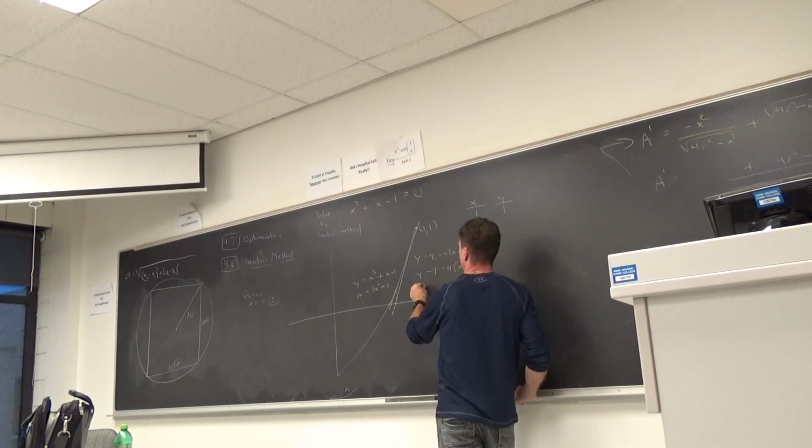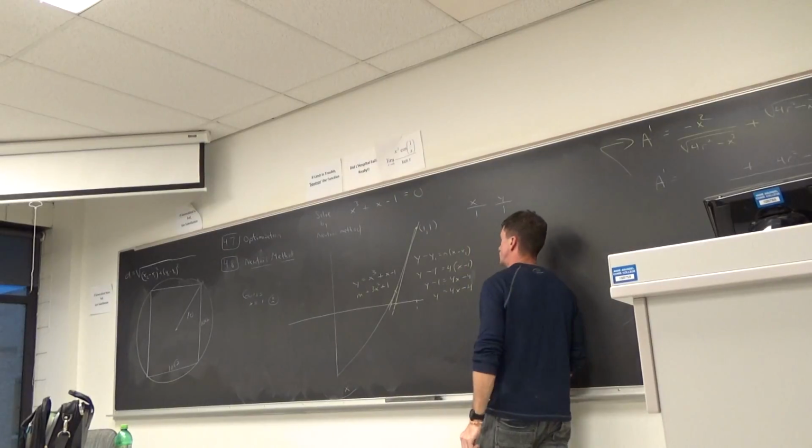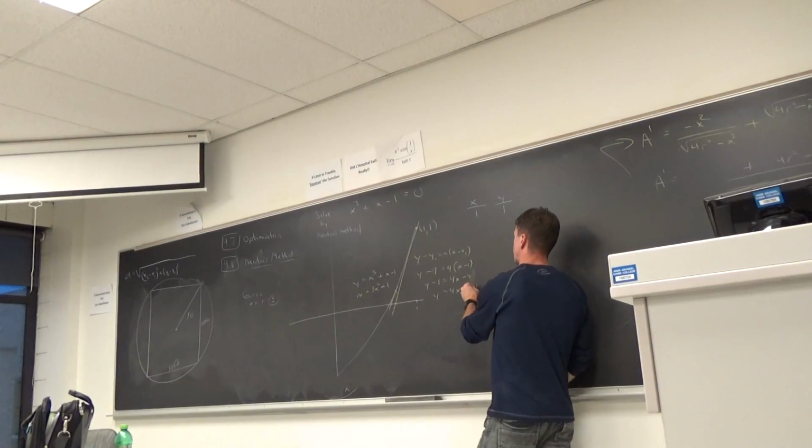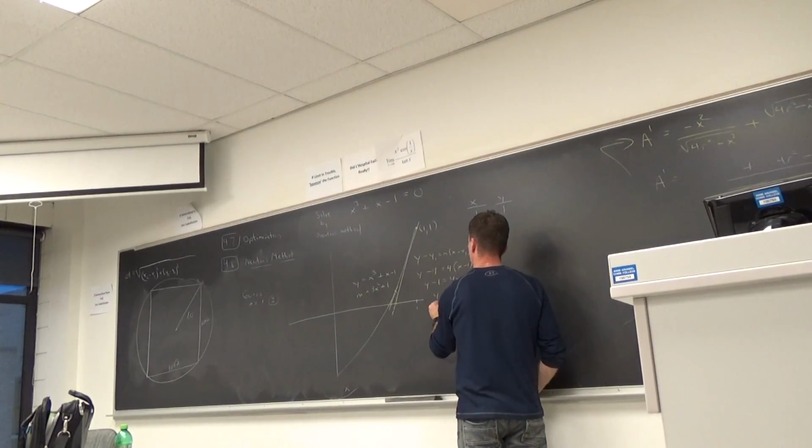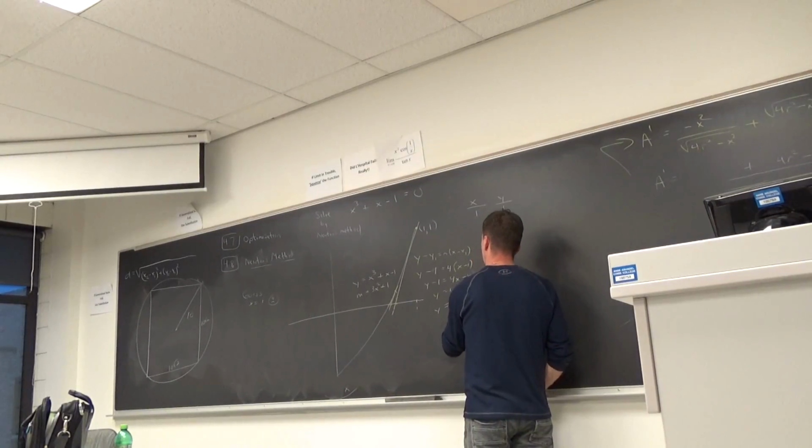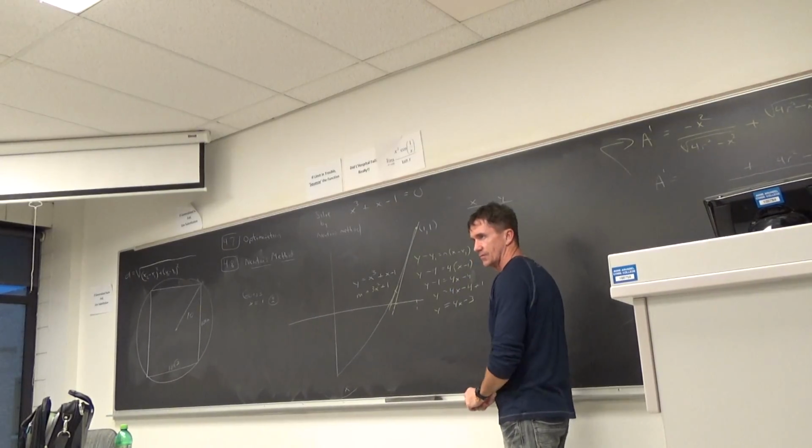All right. y equals 4x minus 4. Plus a 1, what do you get? 4x minus 3. So far, so good?